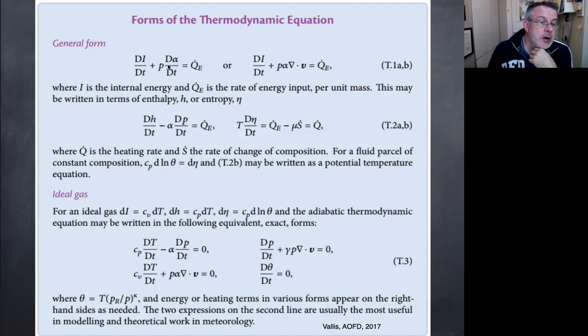It responds to heating, or either of these can change as you move around following the motion of the fluid. A different way of writing it is to eliminate the alpha in favor of a compression times an alpha, which is a nicer way to write this. So these are two different forms of writing the energy equation.